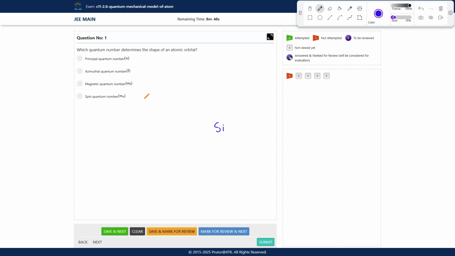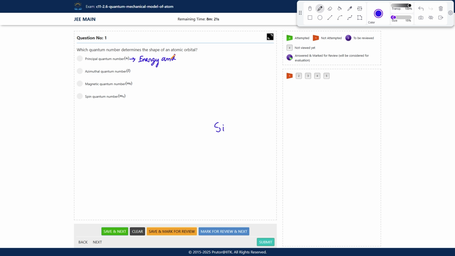So moving on to the first question, which quantum number determines the shape of an atomic orbital? We know very well that the principal quantum number tells us about the energy level. So it tells us about the energy, and what else is described by the principal quantum number? There is one more very important point.